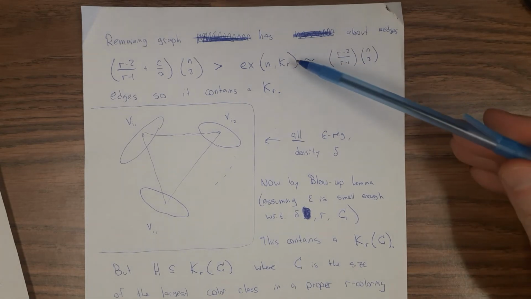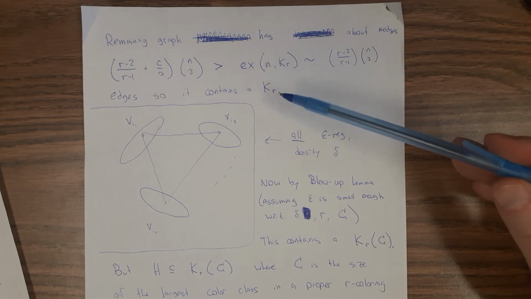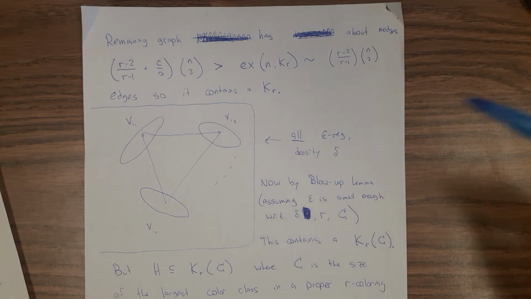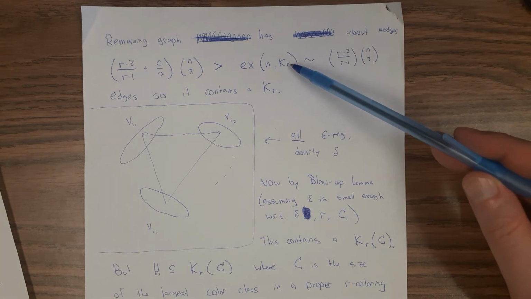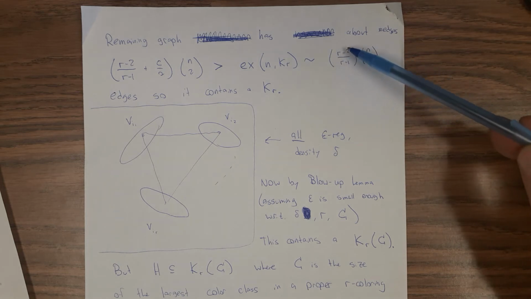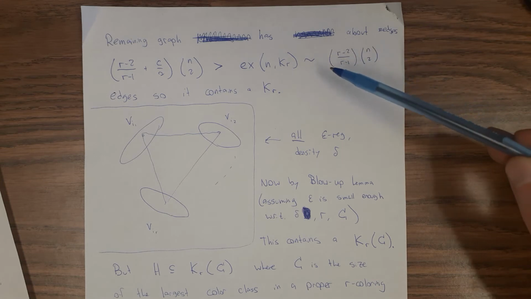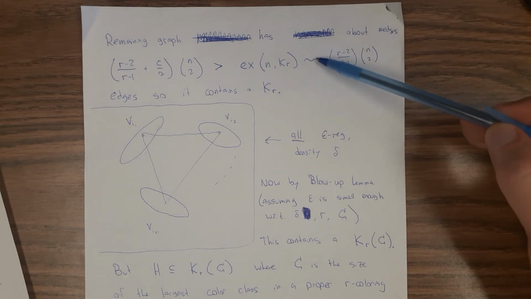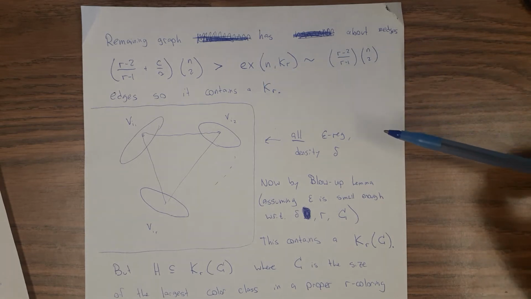The exact answer is, of course, annoying, because for the exact answer, you have to talk about divisibility, and you have to talk about ceilings and floors. But the approximate answer is much nicer. The approximate answer is this: as n goes to infinity for fixed r, this is the approximate answer, or when I write this symbol, once again, that means the ratio of this to this goes to 1 as n goes to infinity.